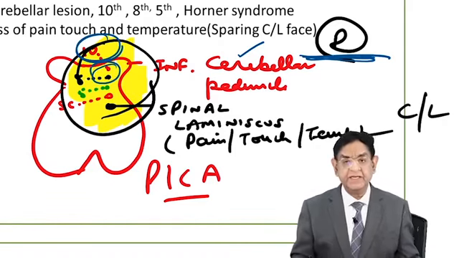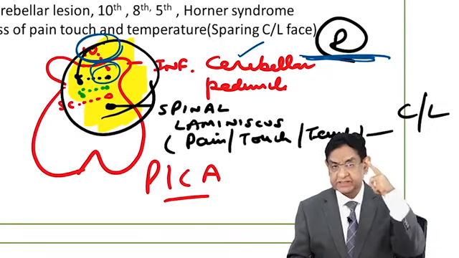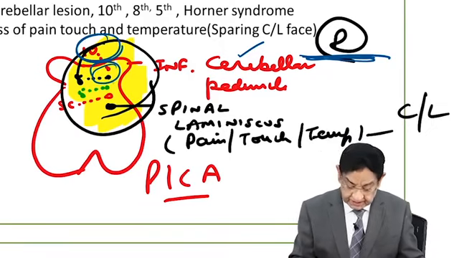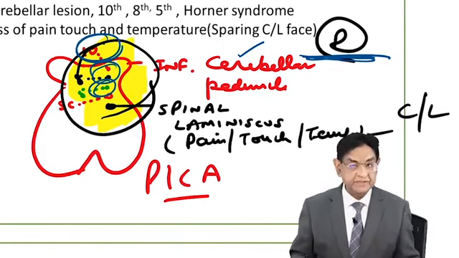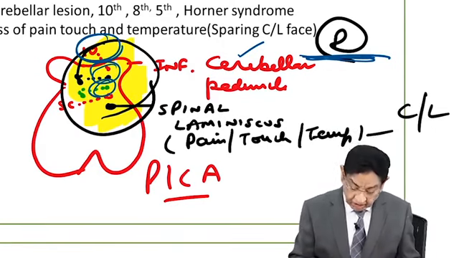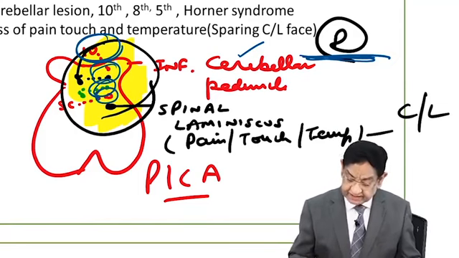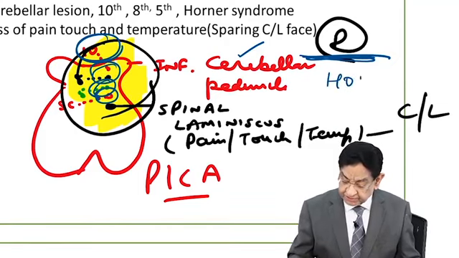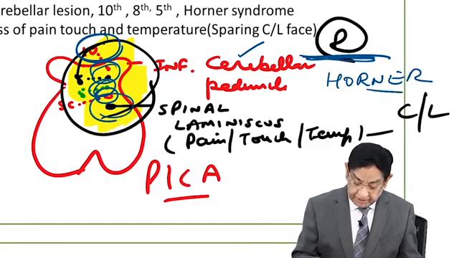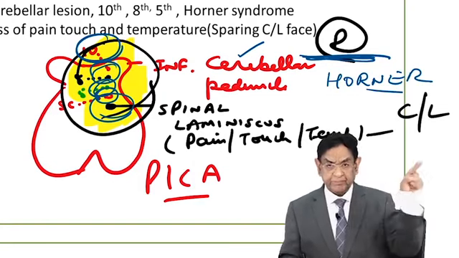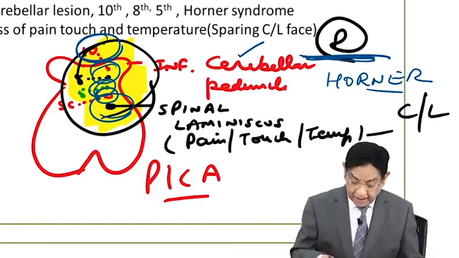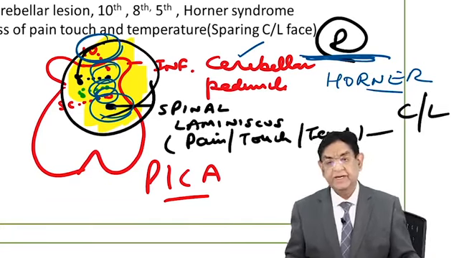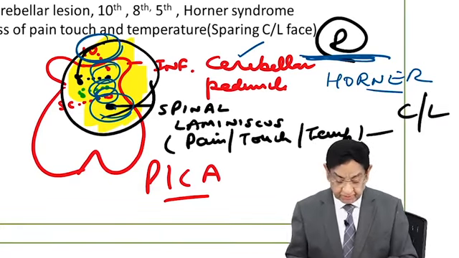Right-sided 8th nerve palsy, the 8th nerve is the vestibulocochlear nerve. 5th nerve palsy, which supplies the face, and sympathetic chain involvement, which will lead to Horner syndrome. But there will be contralateral loss of pain, touch and temperature. Why? Because the spinal lemniscus contains fibers from the other side of the body.